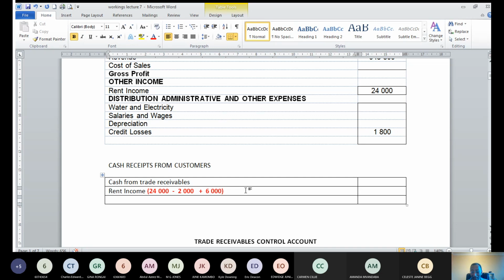So the cash that we have received from rental for this year is the amount of 28,000 Rand, which is the amount in the statement of profit and loss and other comprehensive income minus accrued income at the end of the year plus accrued income at the beginning of the year. So the cash that came into the business is 28,000 Rand in respect of rental income.